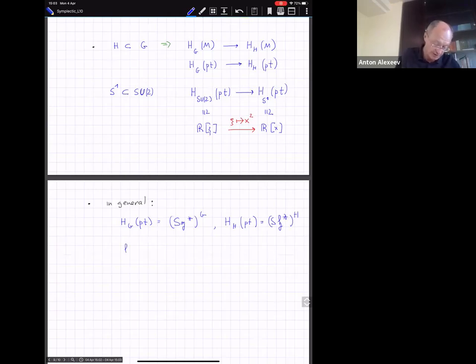Now we know that h injects into g. Therefore, g star surjects onto h star, right? So this is just a natural map. Let's call it psi.